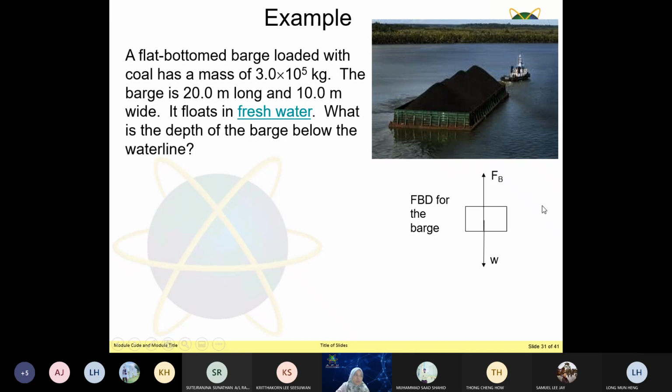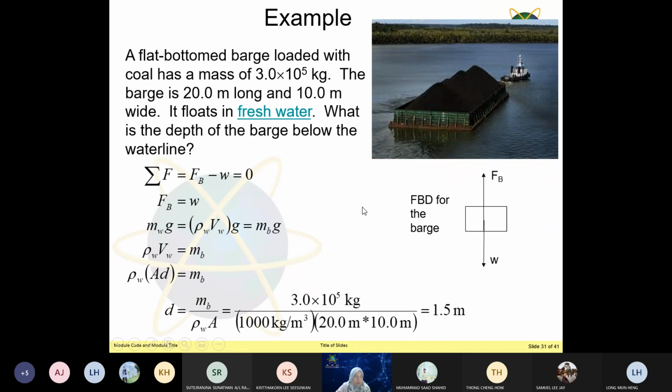So first you need to draw this picture to understand more. This is the free body diagram for the barge. The force going up is the buoyant force, and then there is the weight which goes down. So total force is equal to buoyant force minus weight equal to 0.